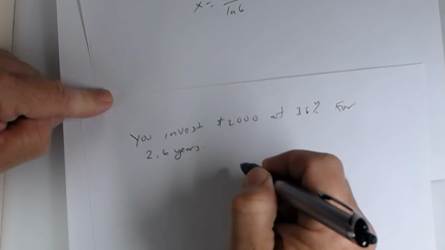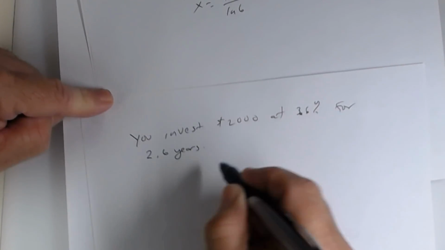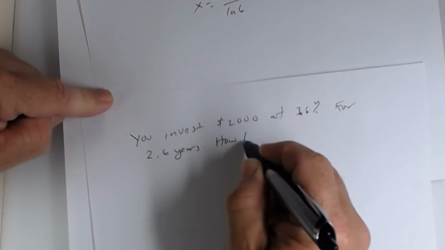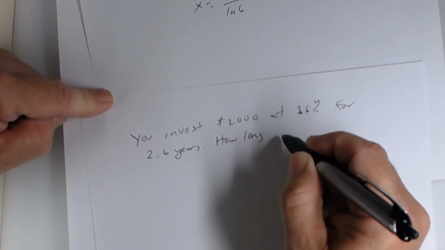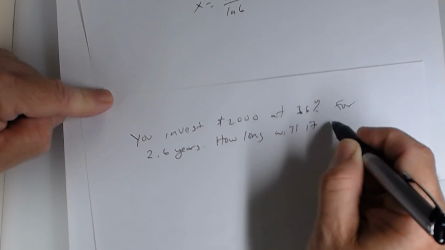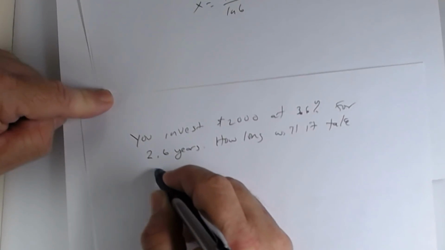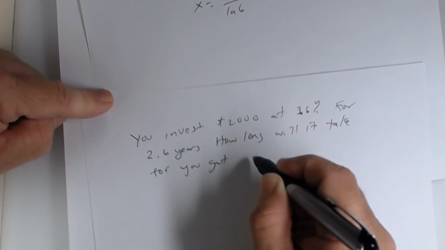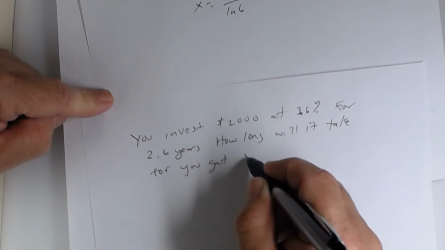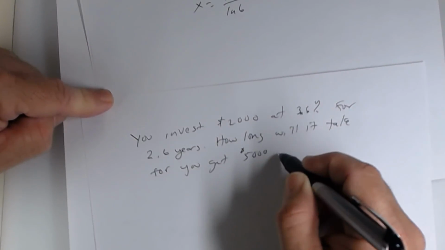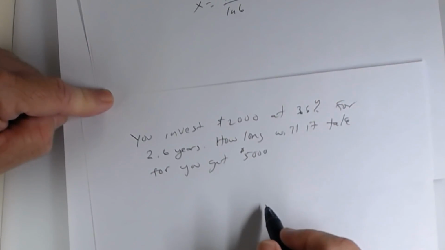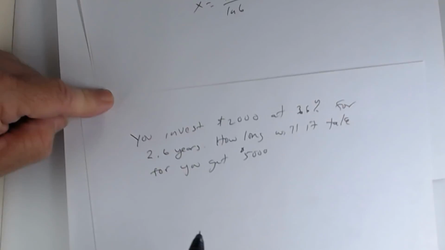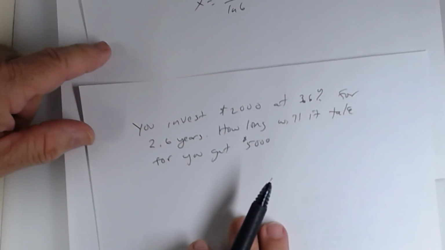How long will it take for you to get, let's say, $5,000? So you want to go from 2,000 to 5,000. So how long will it take?